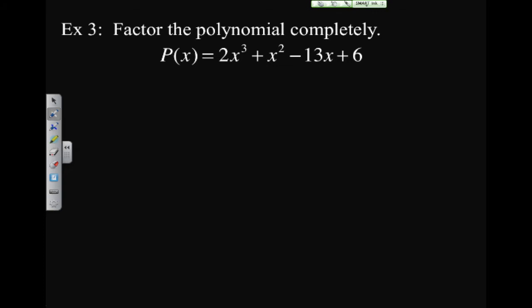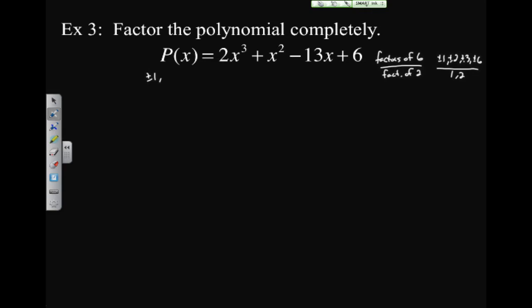So if we look at this, we've got factors of 6 on the top, factors of 2 on the bottom. So that's plus or minus 1, plus or minus 2, plus or minus 3, plus or minus 6, and 1 and 2 on the bottom. So let me list out the possibilities.